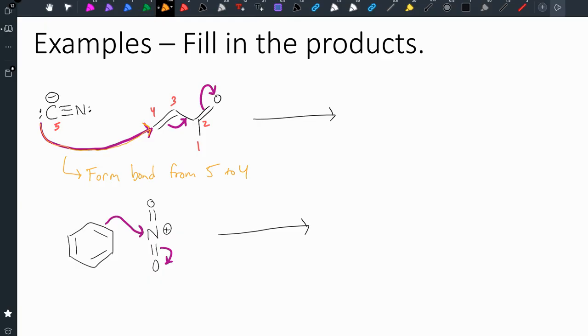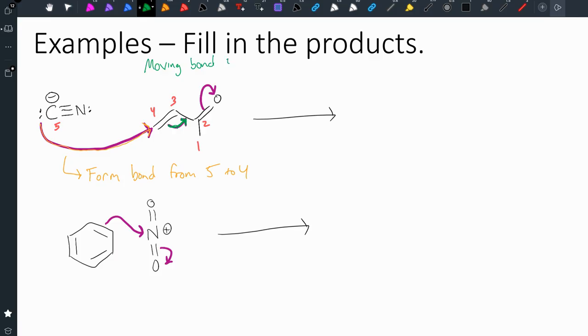All right, I ask myself for this next arrow, what is this arrow doing? Well, this is breaking a bond from 3 to 4, but forming a bond from 2 to 3. So this one is telling me that I'm moving a bond.